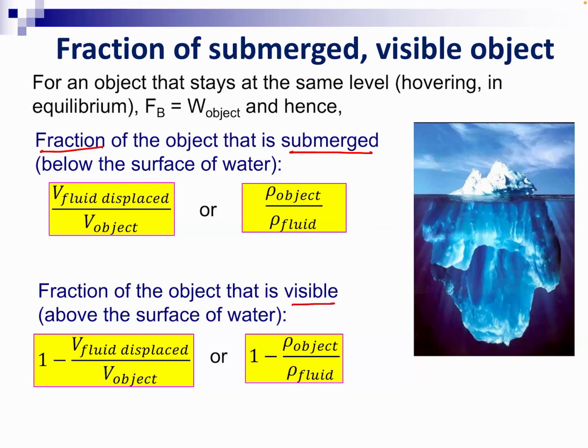Or if you want to find the fraction of the object that's visible, then you do 1 minus the fraction that's submerged. And so the example we did gives us a general relationship for finding the amount of object that's submerged or visible depending on the ratio of densities. Okay.